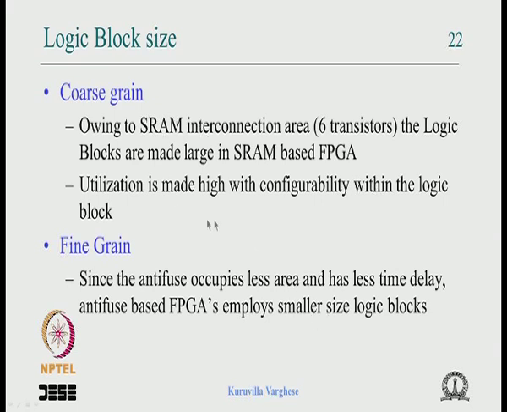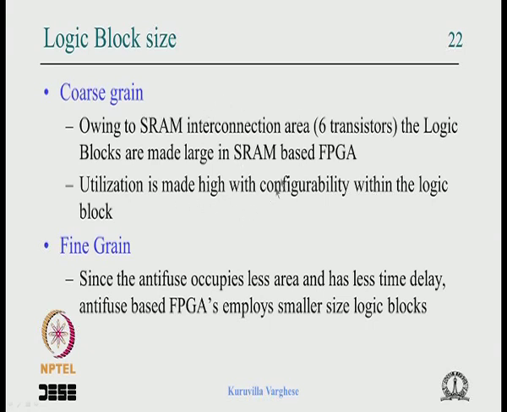But when you use an FPGA with SRAM, which occupies a lot of area, if you make the logic block very small to avoid wastage within the logic block, then the switches will be much bigger than the logic block. So what this kind of FPGA vendor does is make the logic block quite big, because interconnection is costly.